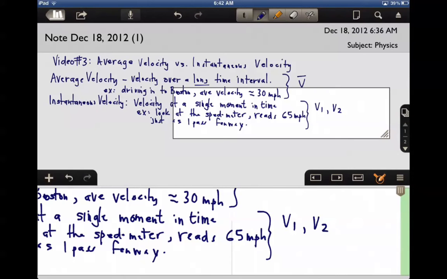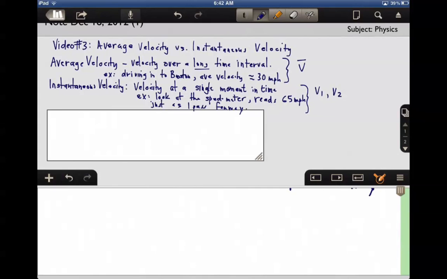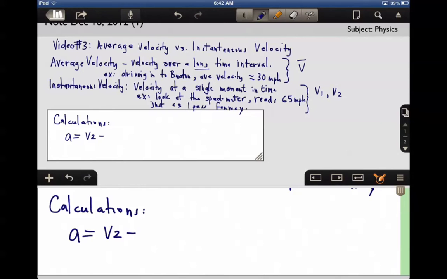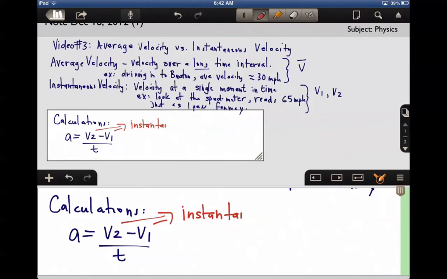So when we calculate acceleration, let's talk about calculations. When we calculate accelerations, this is based on instantaneous velocity. So we're looking for a change in the instantaneous values.